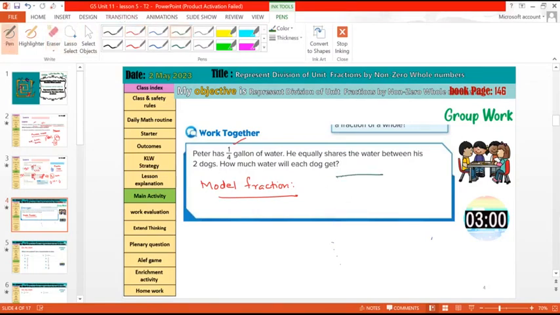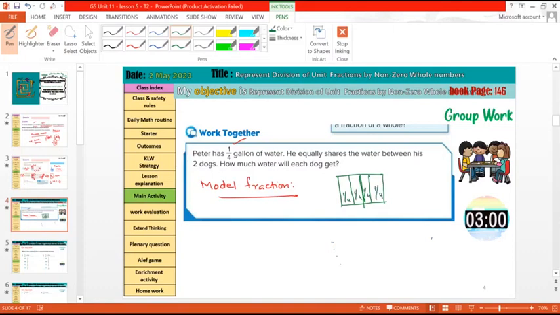So we'll take one whole and split it into 4 equal parts. So this is 1/4, this is 1/4, this is 1/4, and this is 1/4.